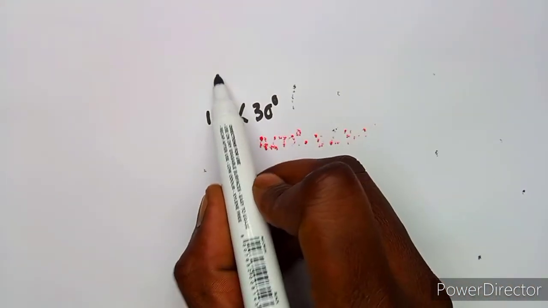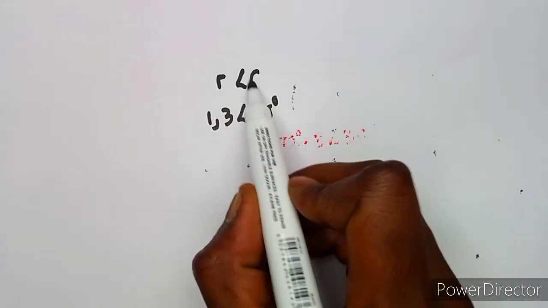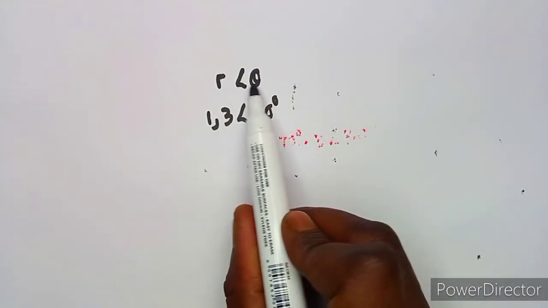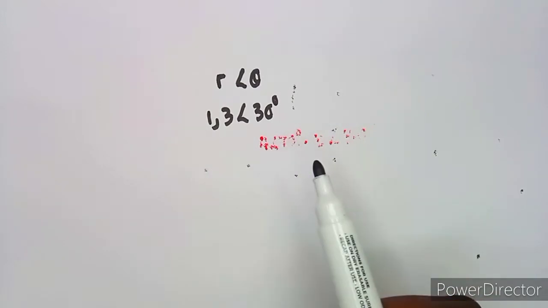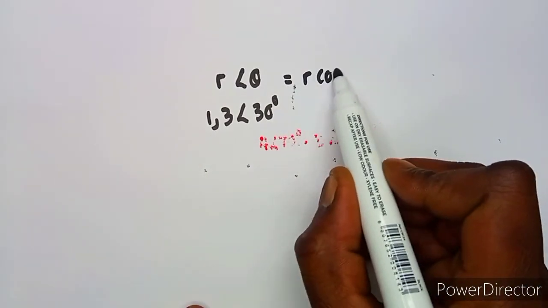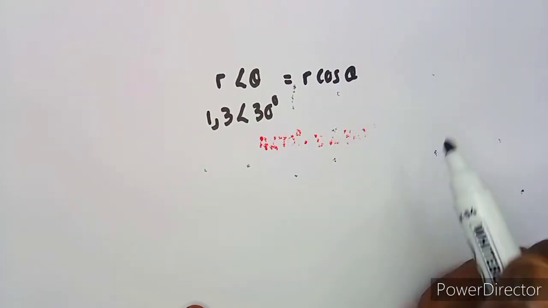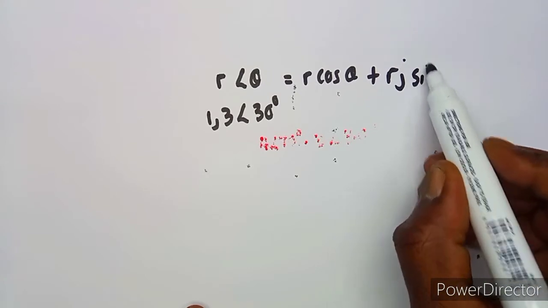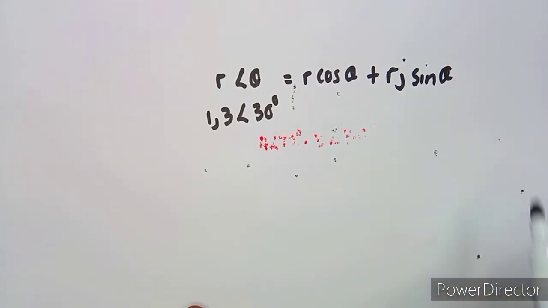Okay, remember, if I am given r theta like this, if this is in polar form, I can write this as r cos theta, okay, plus rj sine theta in rectangular form. Okay, so that is the concept.